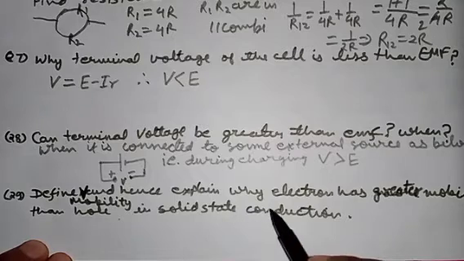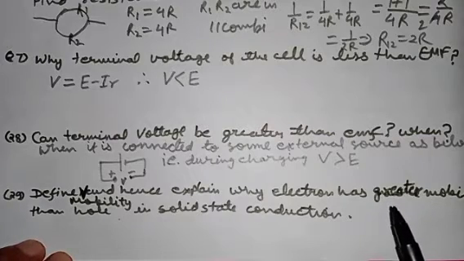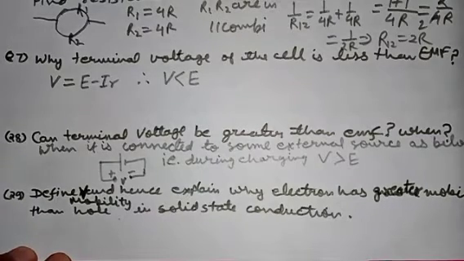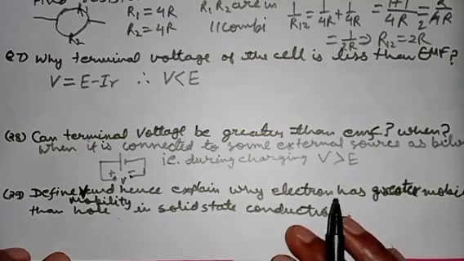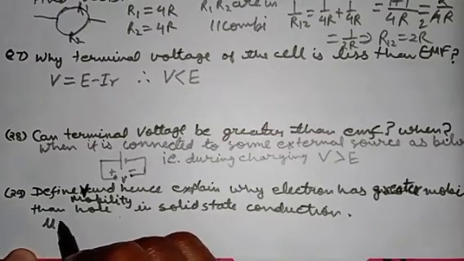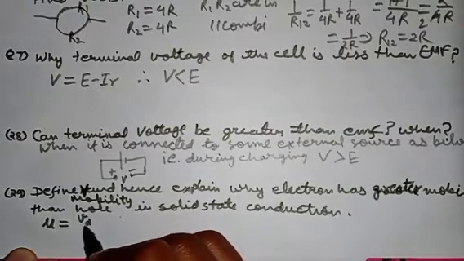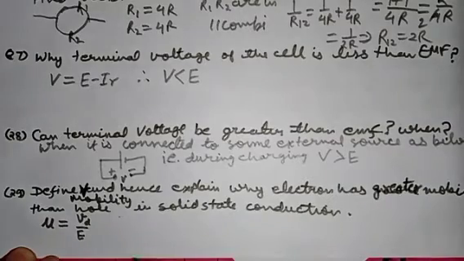Define mobility, and hence explain why electrons have greater mobility than holes. This question belongs to semiconductors, but I have included these questions here. So what is mobility? I'll begin with its formula. Drift velocity per unit electric field.